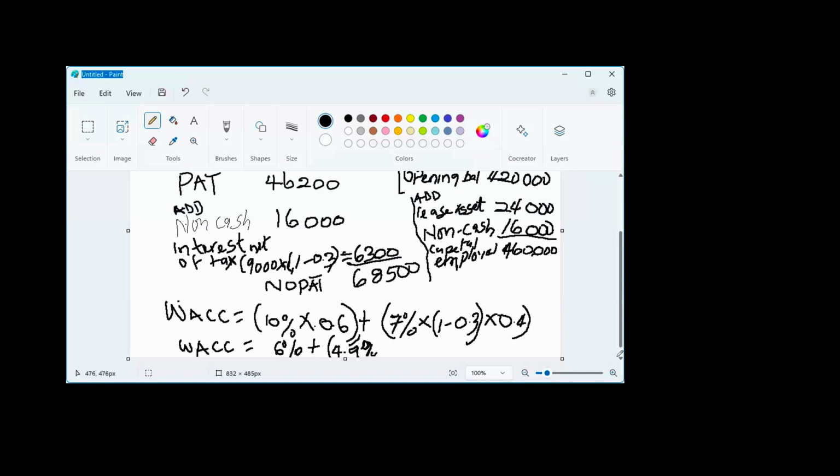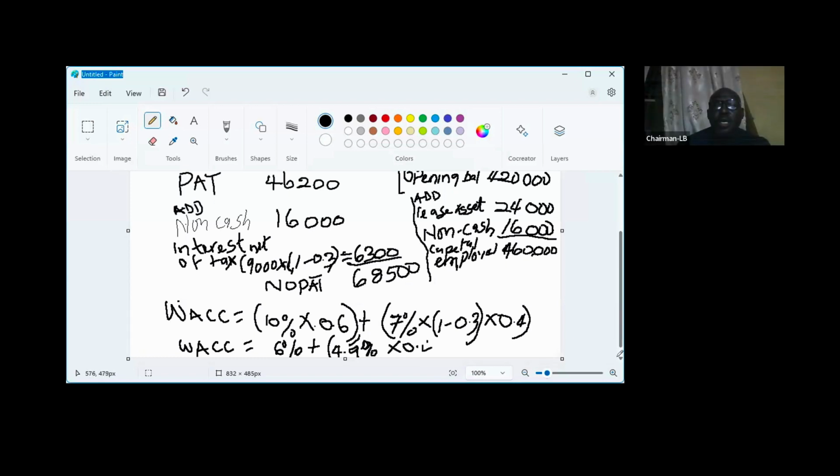Multiply by 40%, that is, multiply by 0.4. Now, 4.9 multiplied by 0.4, what do you have?